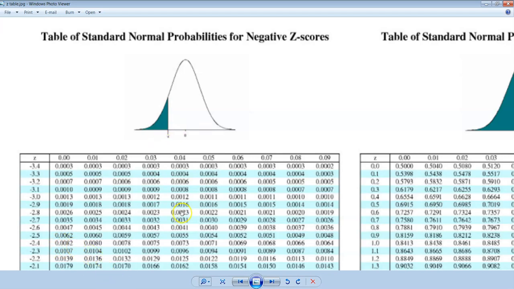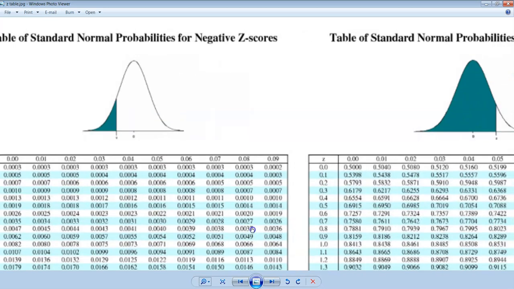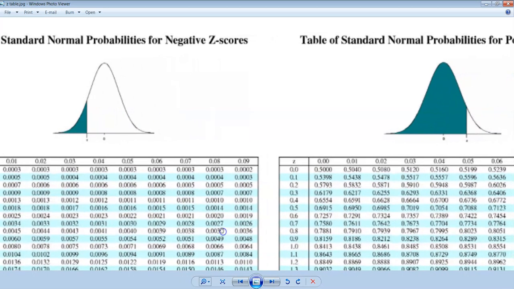And if you see the way these are shaded, this kind of tells you how to read the table. If you look up the z value, that's this value down here, or this value down here, and the shaded area is the area to the left of z, and that's the value you're finding on the table.